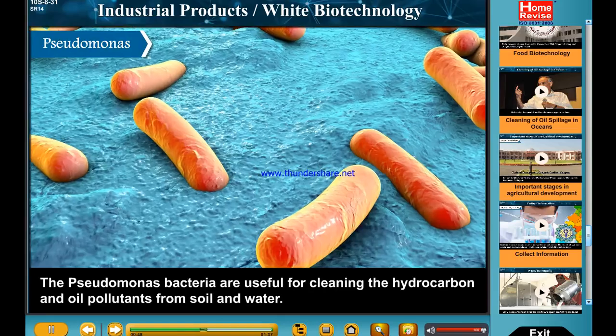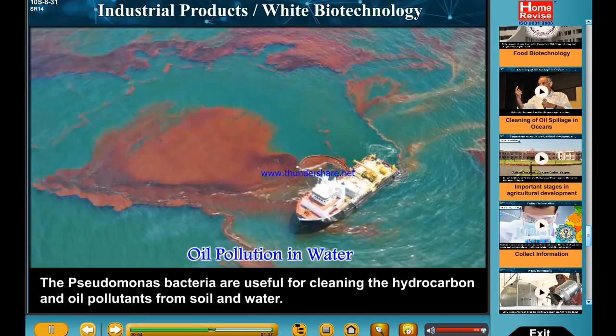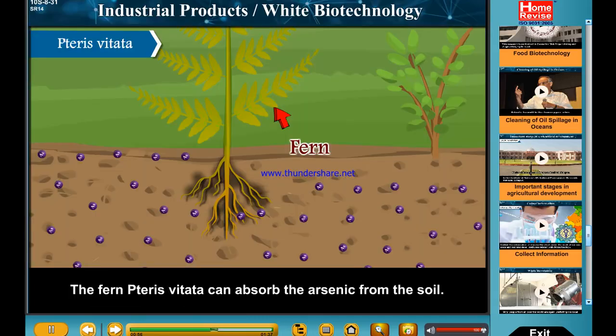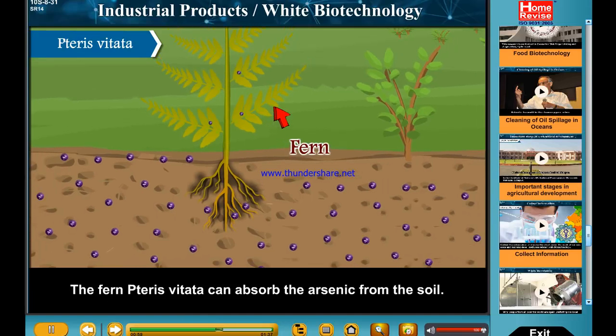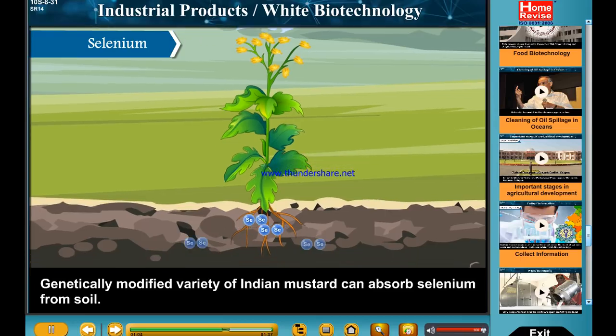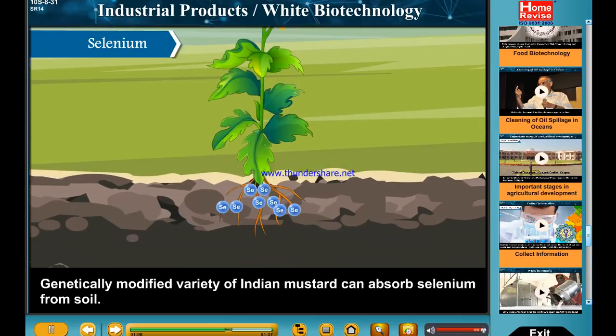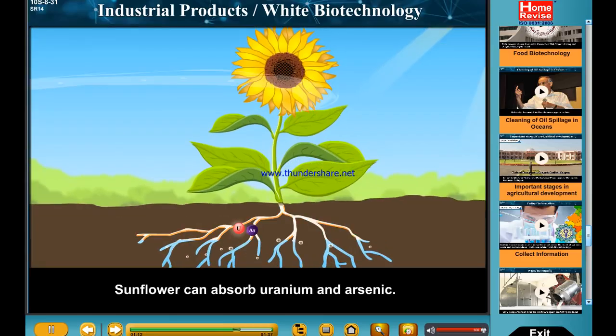Pseudomonas bacteria are useful for cleaning the hydrocarbon and oil pollutants from soil and water. The fern Pteris vittata can absorb the arsenic from the soil. Genetically modified variety of Indian mustard can absorb selenium from soil. Sunflower can absorb uranium and arsenic.